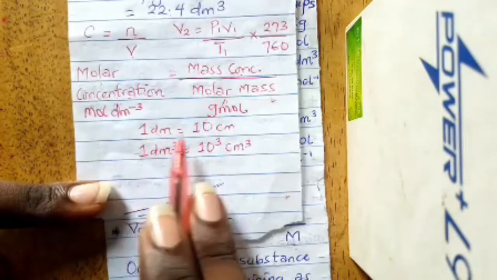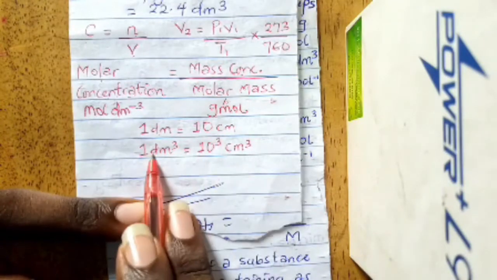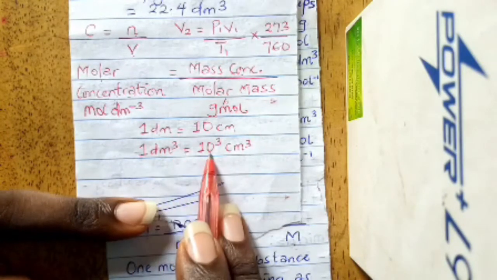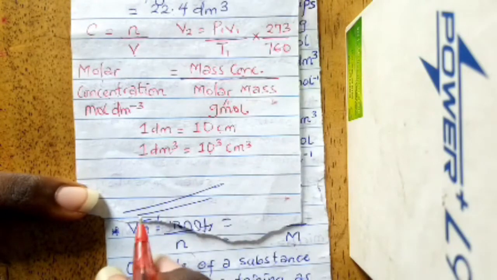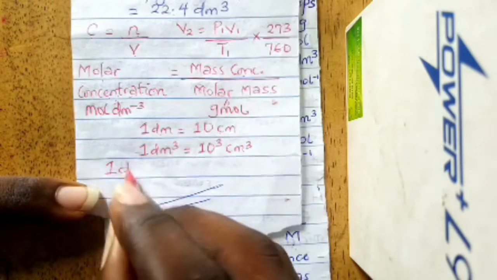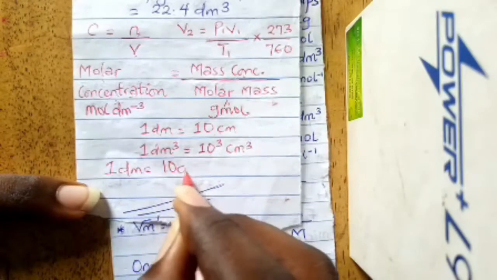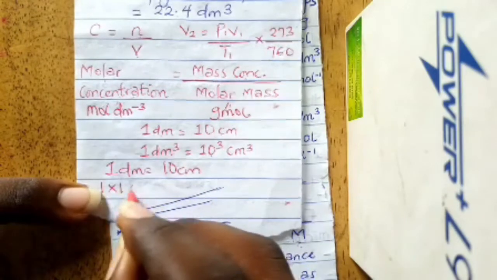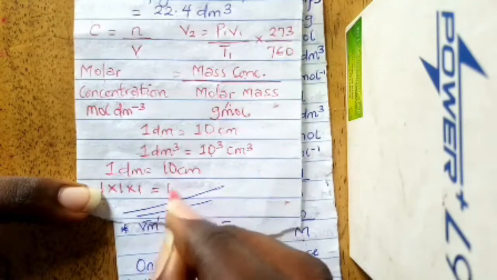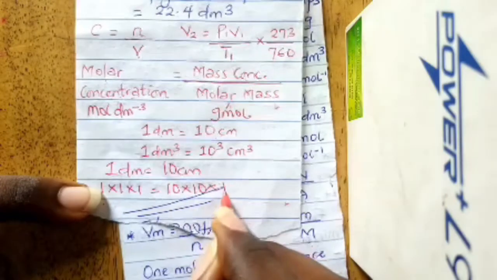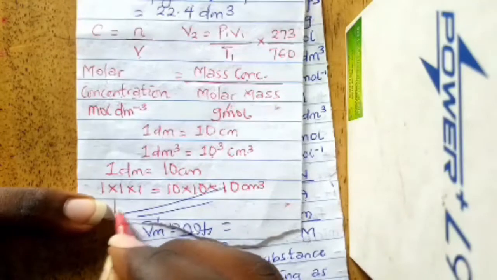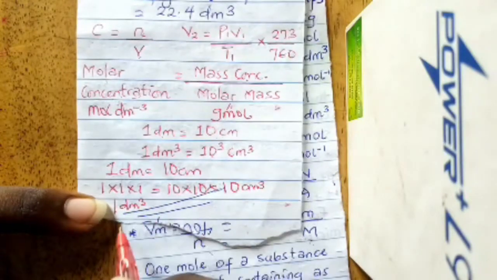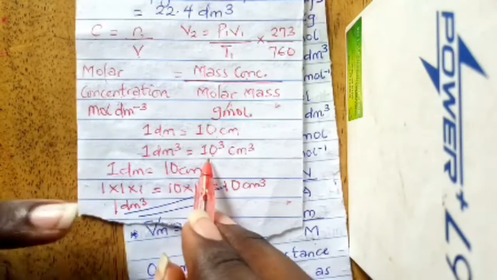So 1 decimeter is equal to 10 centimeters, and 1 decimeter cube is equal to 10 raised to power 3 centimeter cube. That's because 1 dm equals 10 cm, so 1 times 1 times 1 dm gives us 10 times 10 times 10 cm cube. So to convert 1 dm cube to centimeter cube, it gives us 10 raised to power 3.